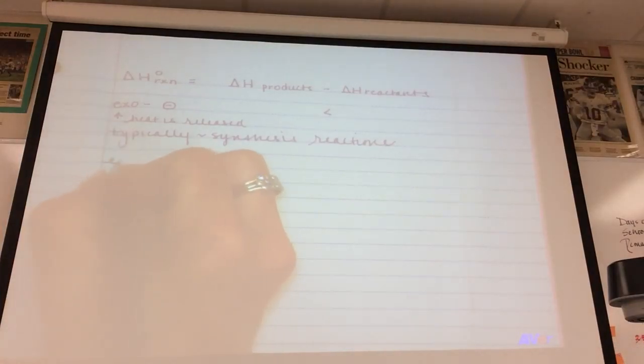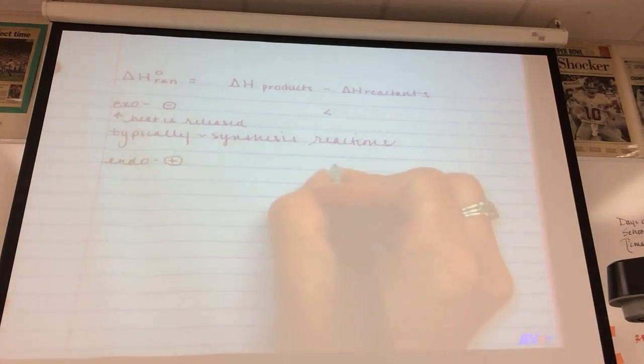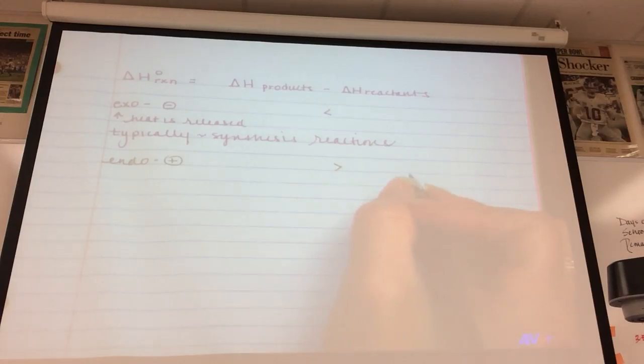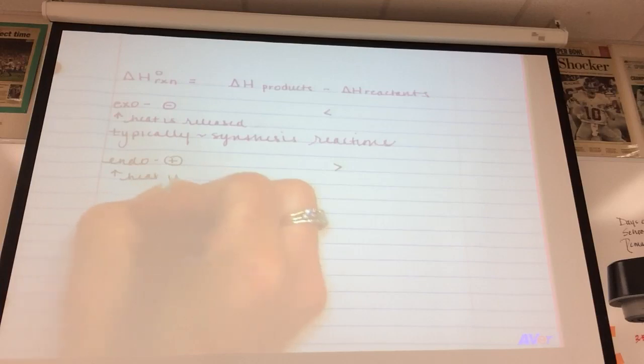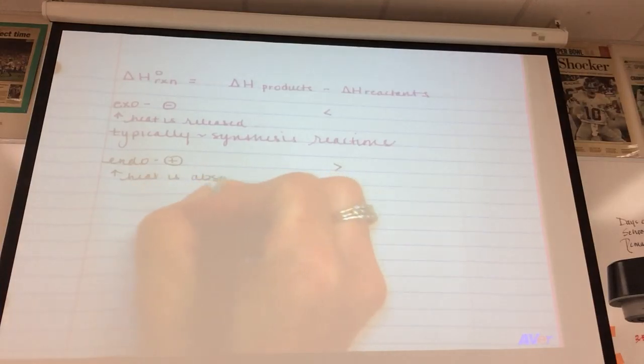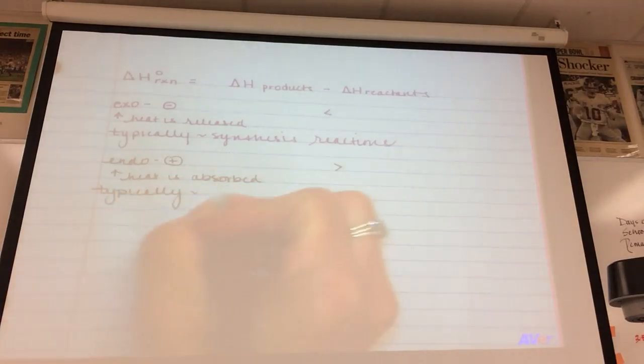In an endothermic reaction, delta H will be positive, so product change in enthalpy will be greater than reactant change in enthalpy. In this case, heat is absorbed. And you typically see this in regard to decomposition reactions.